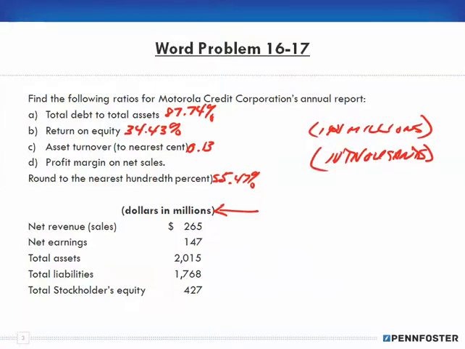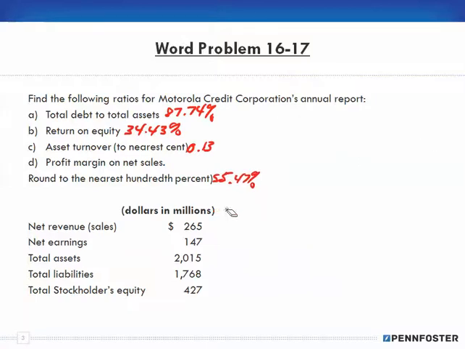Whenever you see that, what they're doing is making the numbers a lot easier. Meaning, if this is dollars and millions, really this looks like this: 265 million, 147 million, 2 billion, 15 million.